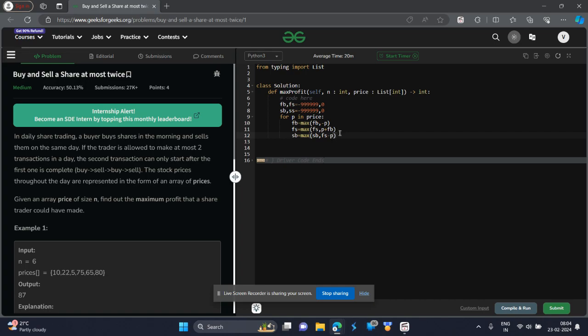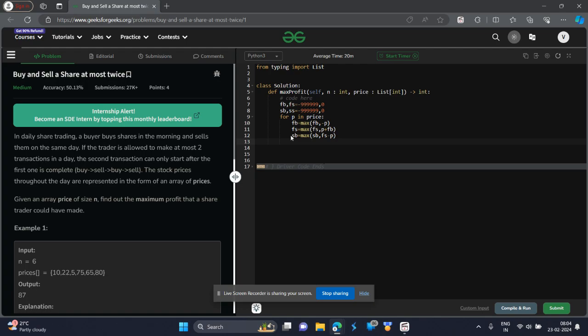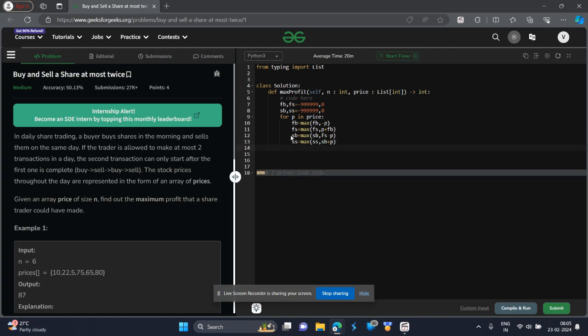Why? Because in this way you'll end up calculating the amount of money which you currently have. Now after you purchase it, you'll sell it at the maximum of the current second sell or the second buy plus price.